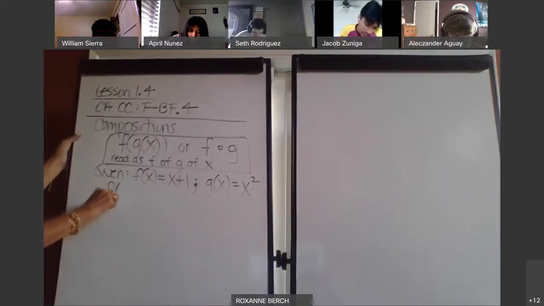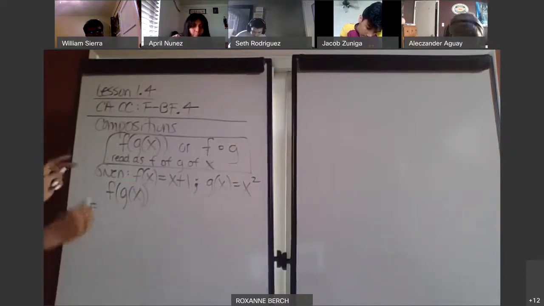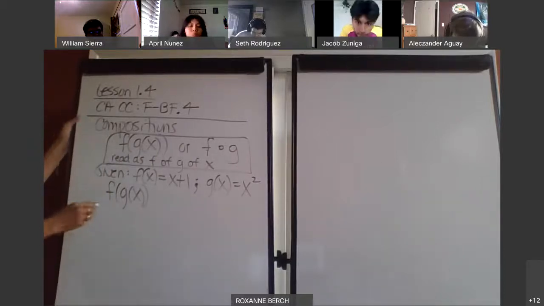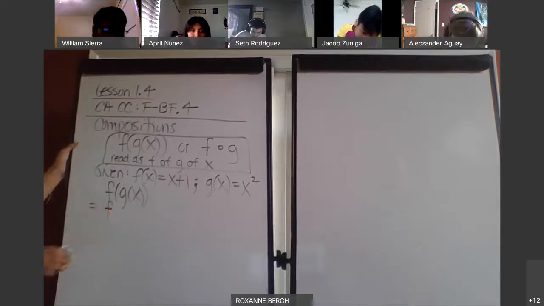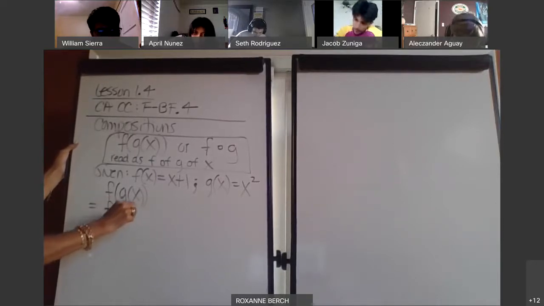So if we wanted to find f of g of x, I'm sorry, we're not going to find an inverse, we're going to find a composition. What you do is you bring down the f and work from the inside out. So what is the g function? You take that out and put in x squared.